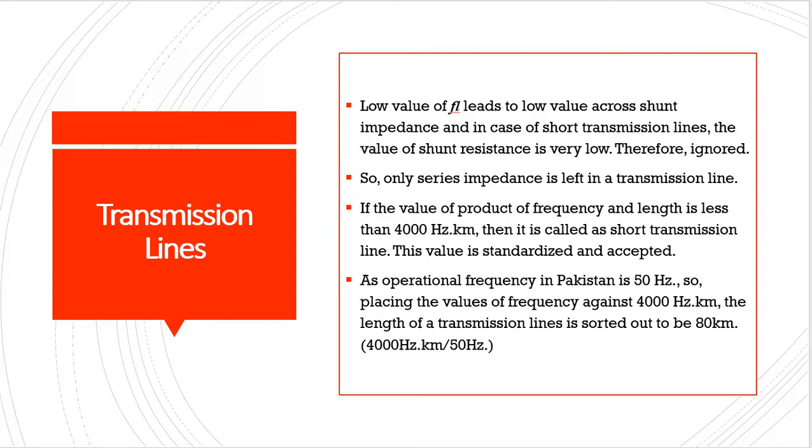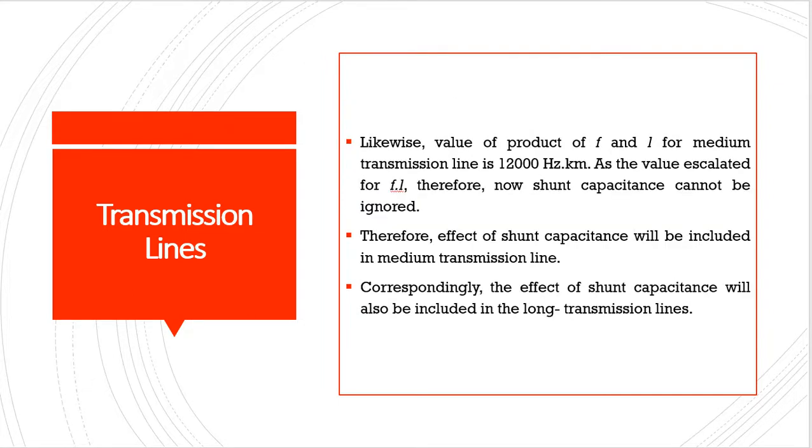Therefore, we can find out the next value. In the next value we have the product of F and L for the medium transmission line, and in case of a medium transmission line this value is equal to 12,000. So by dividing 12,000 by 50 we can find out the length of the medium transmission line in Pakistan, right? As the value of FL has escalated, the shunt capacitance now cannot be ignored.